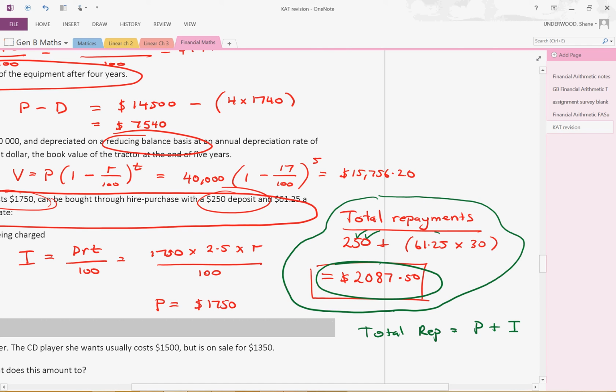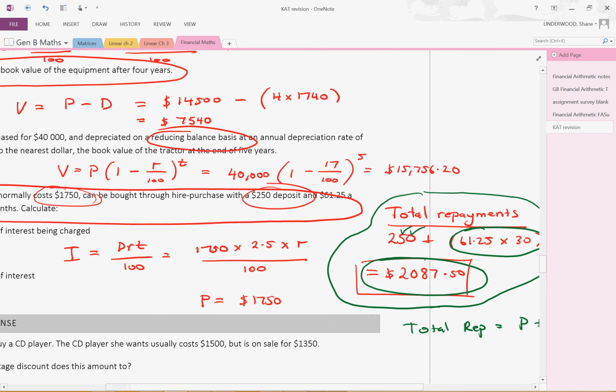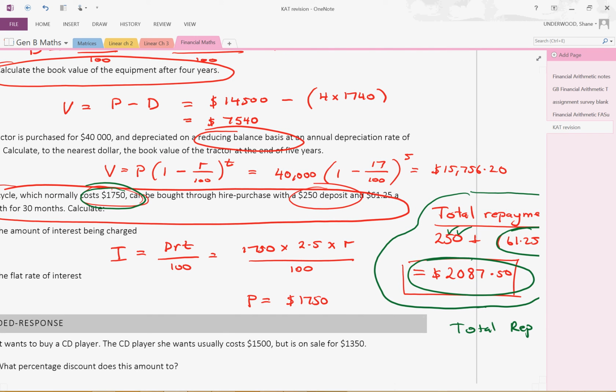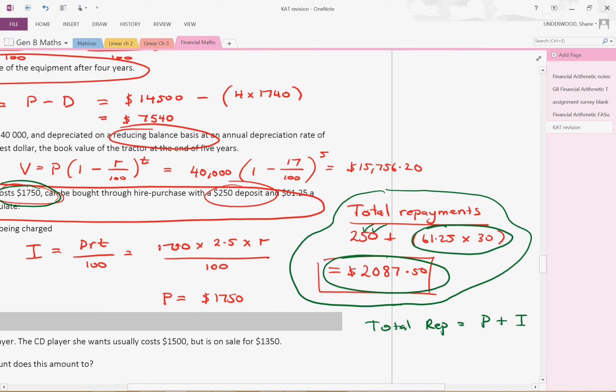$250 plus $61.25 for 30 months adds to $2,087.50. But that, of course, has to come into account with how much the bicycle is worth. So if I subtract $1,750 from $2,087, where'd you get 2087 from? 30 payments of $61.25 plus $250 is $2,087.